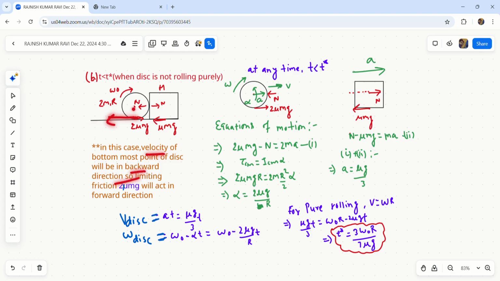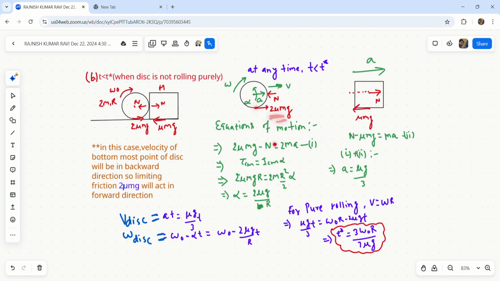It has no linear velocity, so only the angular velocity about its center will give the velocity to this bottommost point in the left direction, due to which it will try to slip in the left direction. So the limiting friction at this point will act in the forward direction, of 2 mu mg.